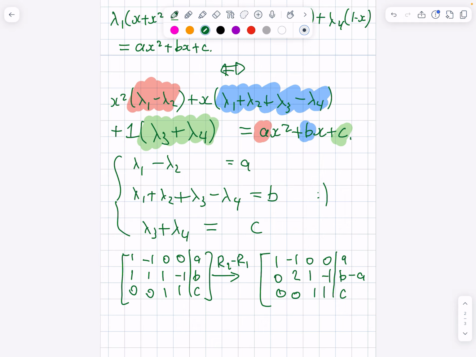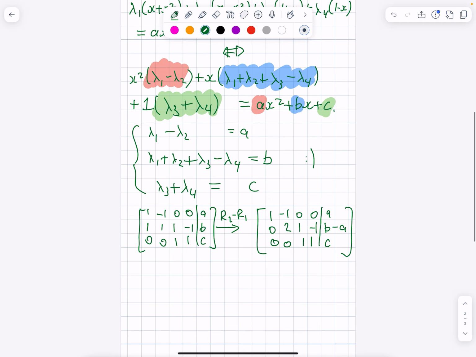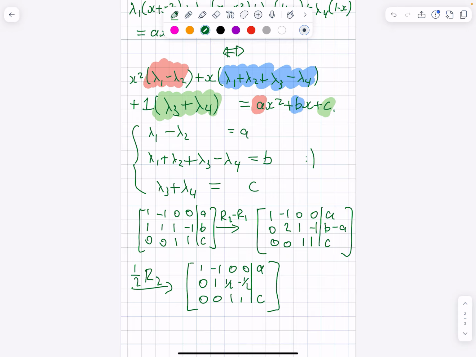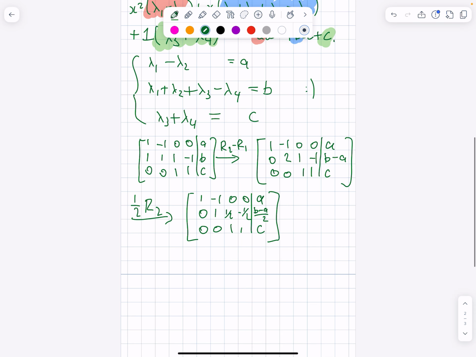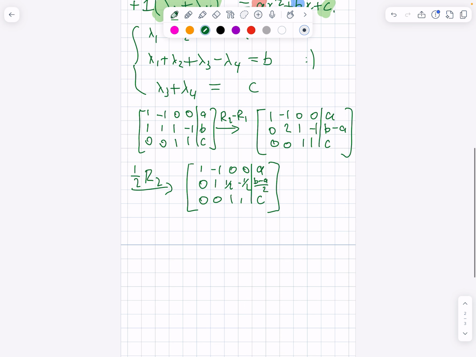Fair enough. Let's continue the row reduction process. Now we're going to do 1/2 row 2. Again, the top and bottom rows are totally unaffected by this, and in the middle we get 0, 1, 1/2, minus 1/2, (b minus a) over 2. Okay, and so now we have it in row echelon form. This is good.